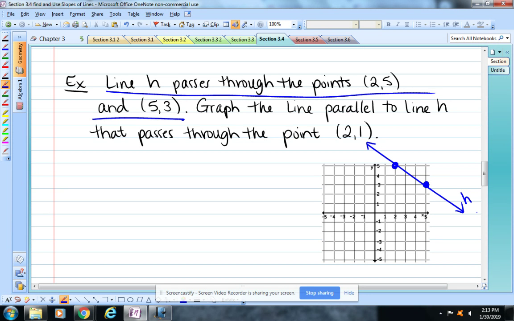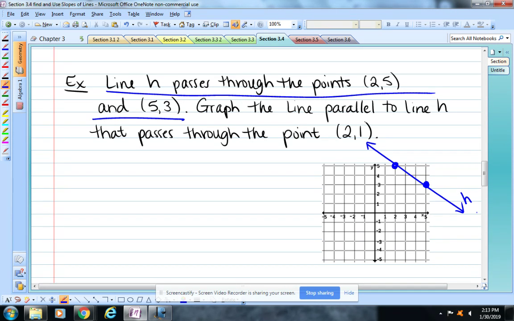All right, we want to graph a line that's parallel to this line. What do I know about parallel lines? The same slope. And they don't cross. You're right. Having the same slope is what's going to help us graph it. If I can get the slope of this line, then I can get the slope of my line.